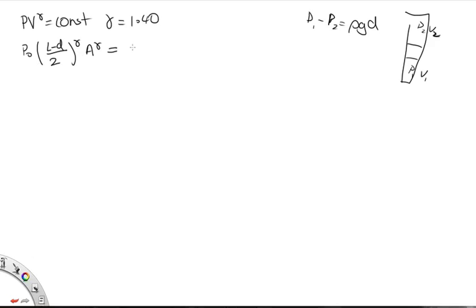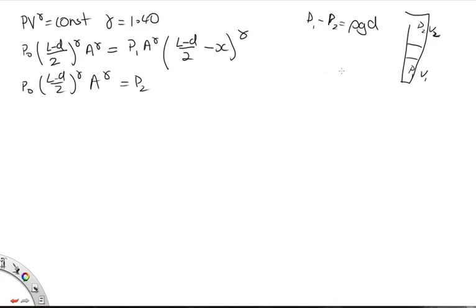And so P1 is given by P1, and then we need V1 to the gamma, which is A to the gamma times this new length here, (L minus D over 2 minus X) to the gamma. And we've got P naught (L minus D over 2) to the gamma A to the gamma is equal to P2, we're considering this part, (L minus D over 2 plus X) to the gamma.